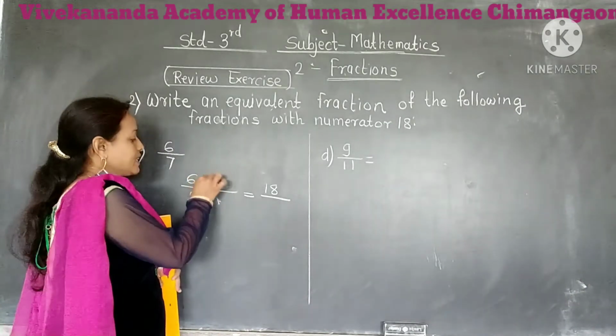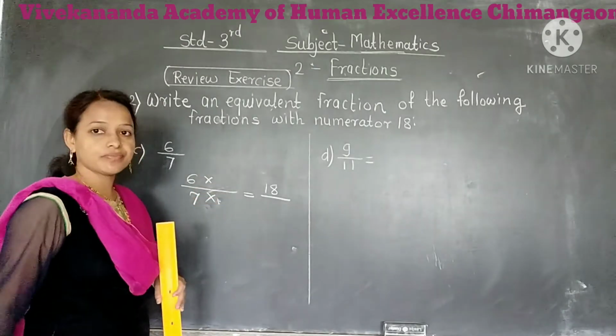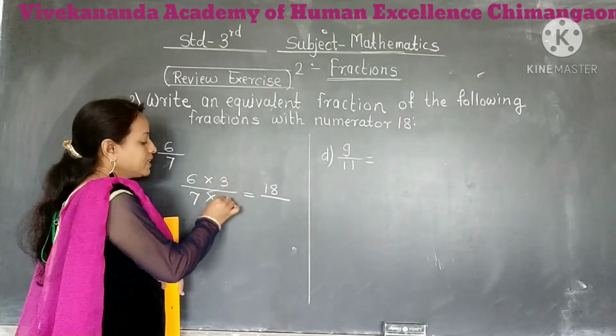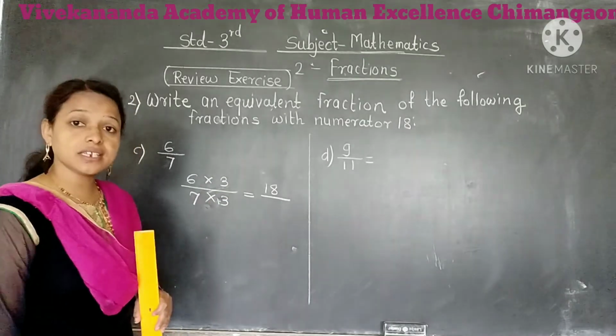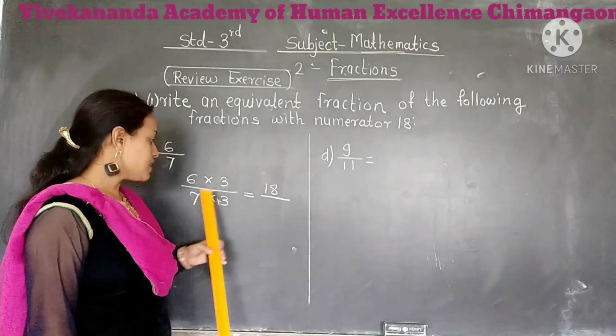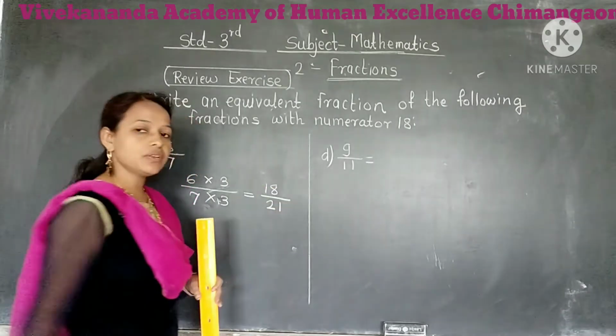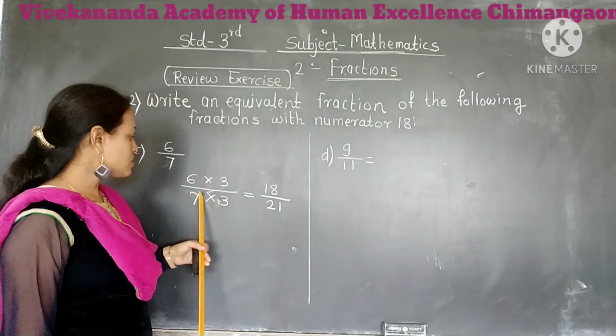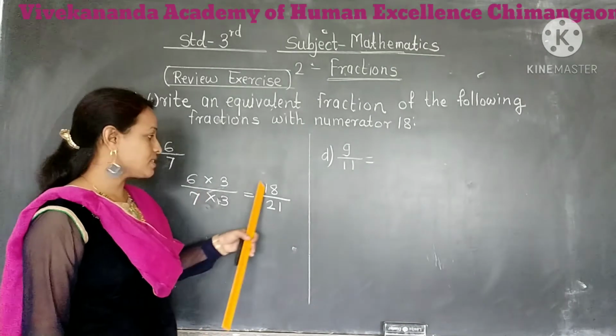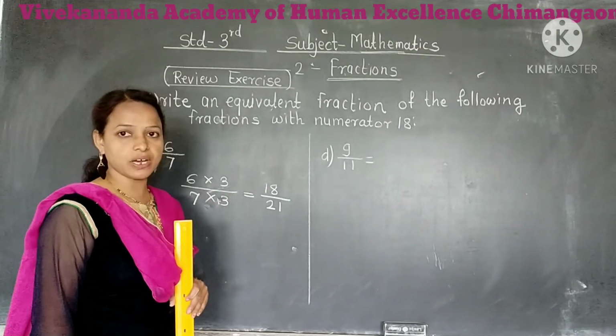So we multiply 6 and 7 by 3. 6 threes are 18 and 7 threes are 21.